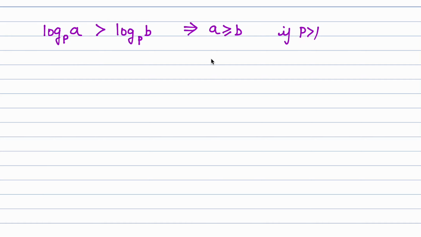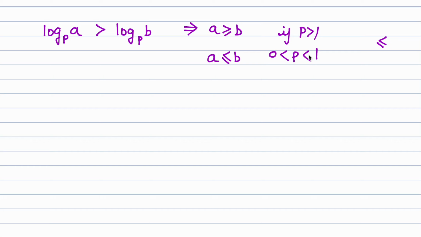Okay. And if p lies between 0 and 1, then a will be smaller than b. We know base cannot be 0, we know base cannot be 1. So that is why we have only written this sign but not this sign, right?